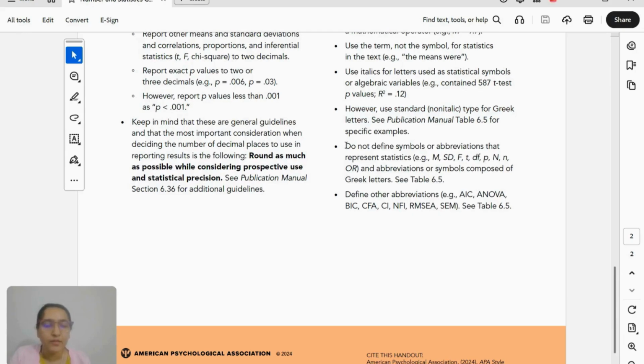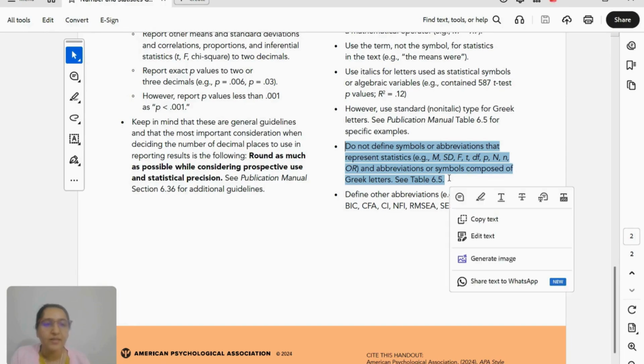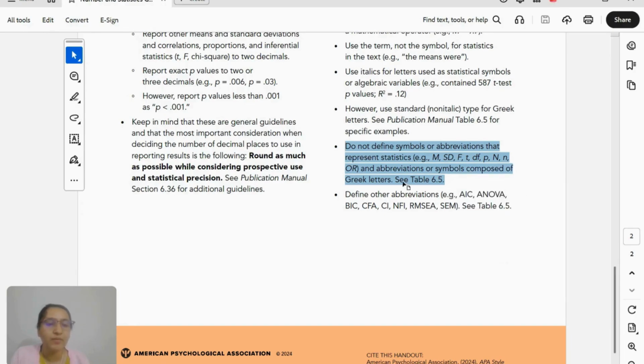And then do not define symbols or abbreviations that represent statistics, and abbreviations or symbols composed of Greek letters. So here it says see table 6.5, it may be the table in the full manual that we do not have access to yet. But still, these are really helpful, right?